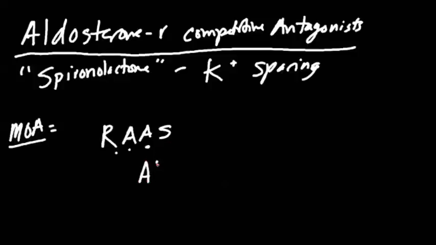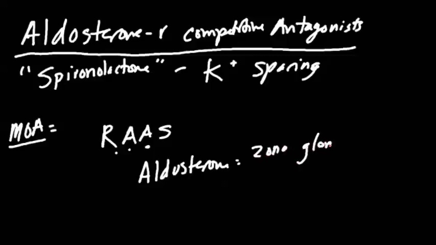So aldosterone is from the zona glomerulosa of your adrenal gland. I do have a video on this if you want to just recap. Otherwise, that's about all you really need to know for this lecture.